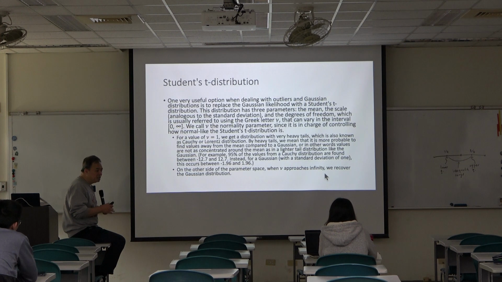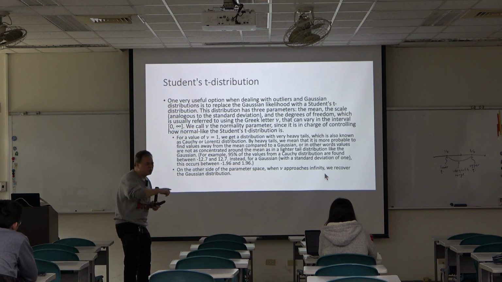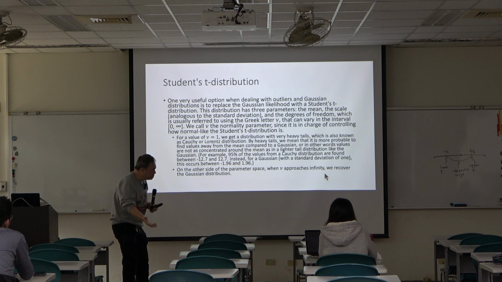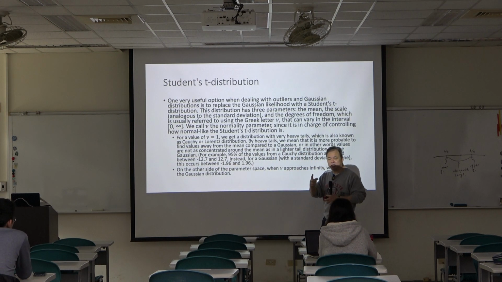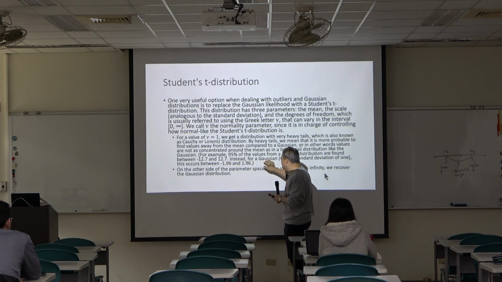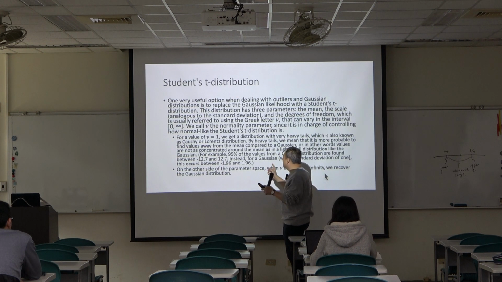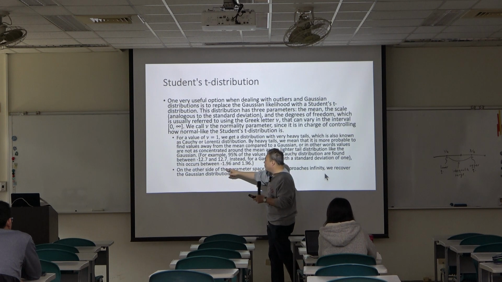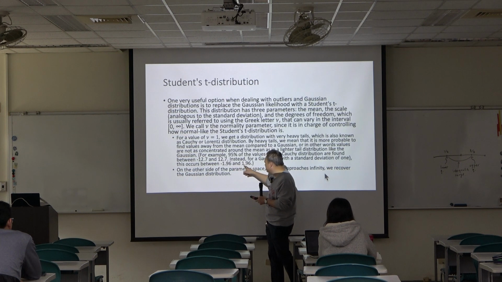Here we are talking about a mean of zero. For the standard normal distribution, or standard Gaussian distribution, with mean 0 and standard deviation 1, we know that 95% of the values will occur between negative 1.96 and positive 1.96.